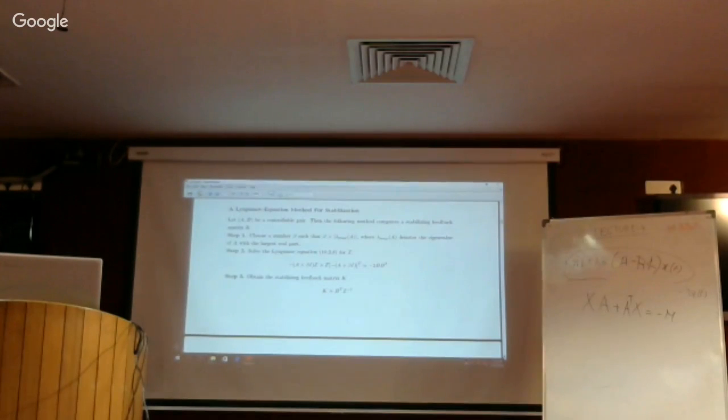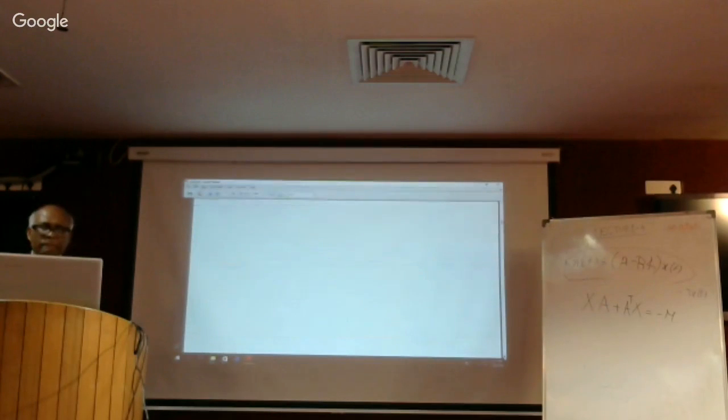Then the matrix K will be B transpose Z inverse, and it can be shown mathematically that the matrix A minus BK is stable, with negative real eigenvalues. It's a two-step algorithm only. So let's look into an example. If you want to know the proof, just look at the book. The proof is simple.